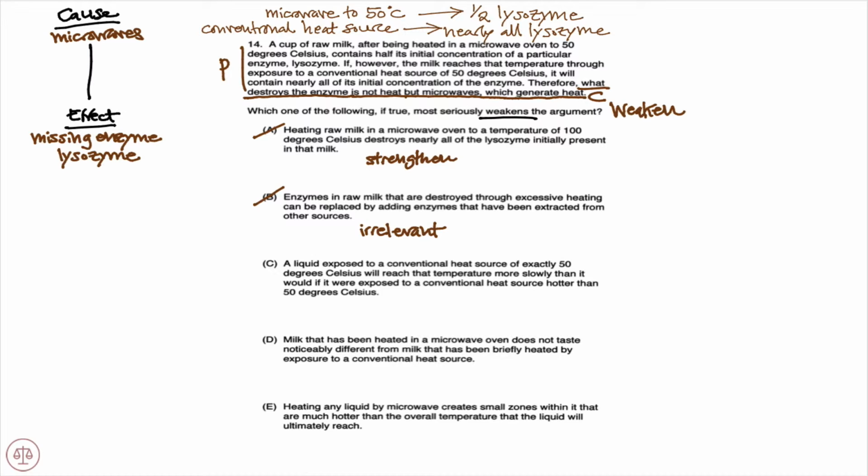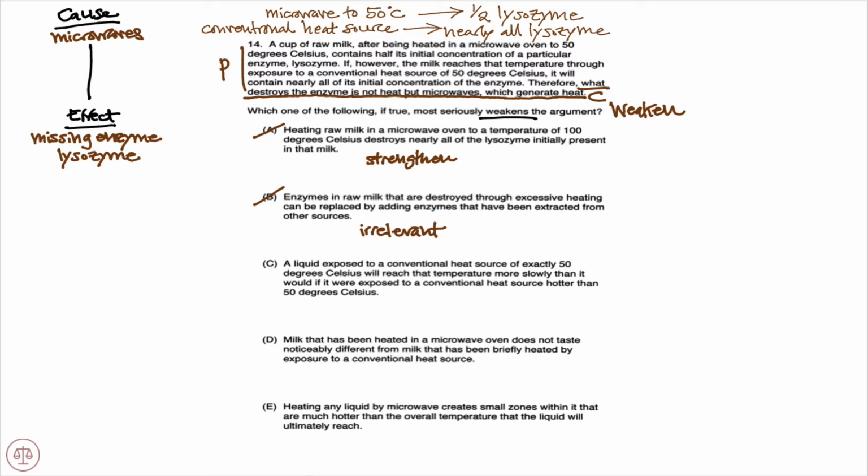Moving to C. A liquid exposed to a conventional heat source of exactly 50 degrees Celsius will reach that temperature more slowly than it would if it were exposed to a conventional heat source hotter than 50 degrees Celsius. And obviously that's groundbreaking. If you're exposed to a lower temperature, you will reach that temperature more slowly than if you were exposed to a higher temperature. I mean, great, but again, this is not about being hotter than 50 degrees.